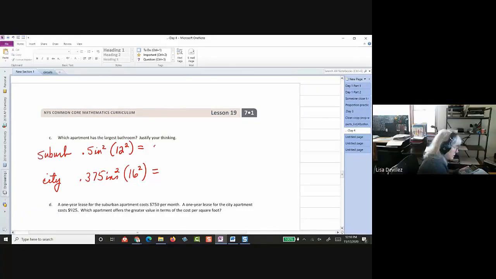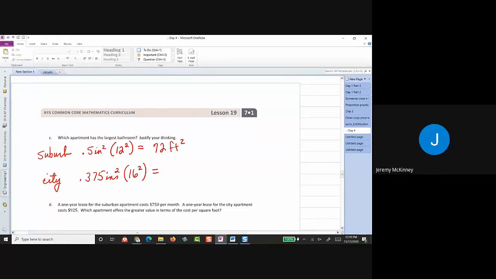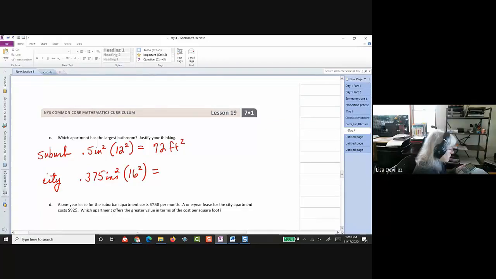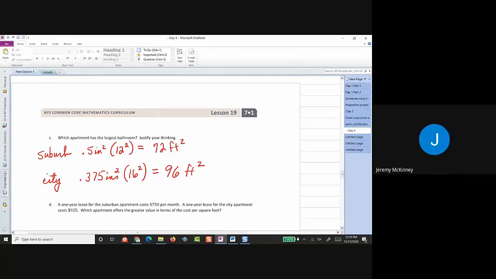So I'm getting 72 square foot there. Which one did you get 72 for? The suburb one. And then I'm getting 96 for the city one.